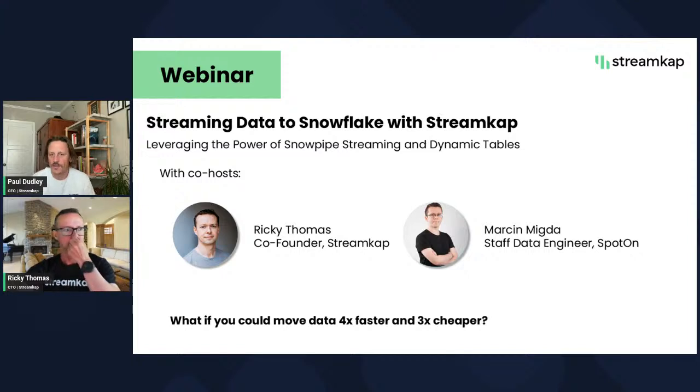He goes into a lot more detail about what they did, how they did it, and what they achieved. But the ultimate outcome was 4 times faster and 3 times cheaper data pipelines that ultimately give a much better end result for their customers, much lower latency in a customer-facing application.